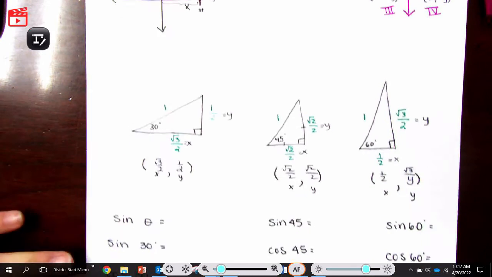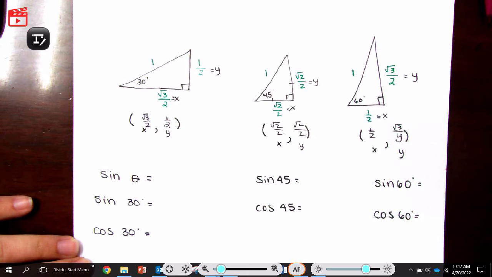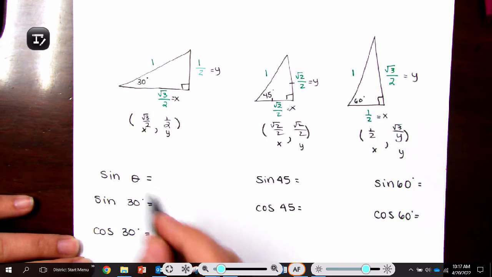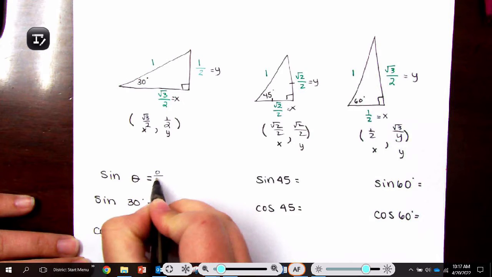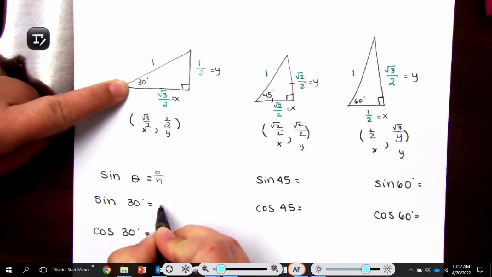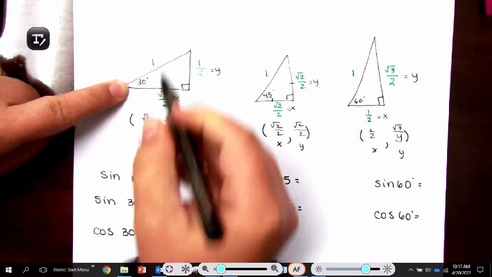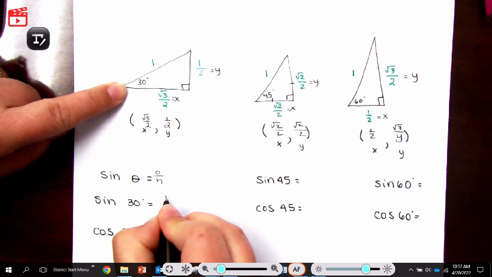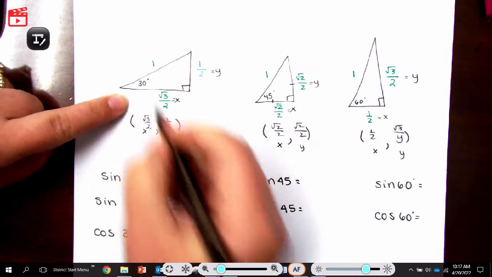If we're looking at our specific values, like sine of theta, cosine of theta, tangent of theta, the sine and the cosine are a little bit easier to see on our special right triangles with the hypotenuse of 1. For example, sine we know is opposite over hypotenuse. So if we go sine of 30, we want the opposite, which is 1/2, over the hypotenuse, which is 1.